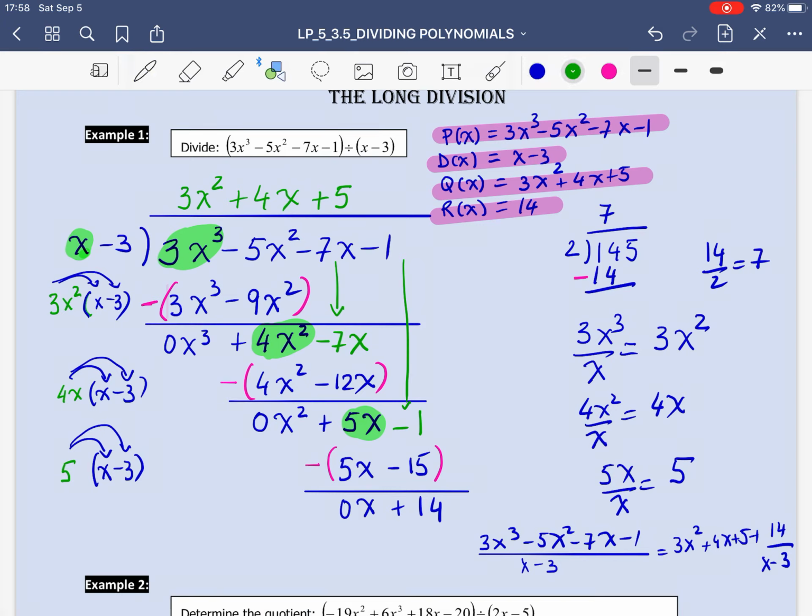And what we just wrote in here is the division statement for the long division that we just performed.